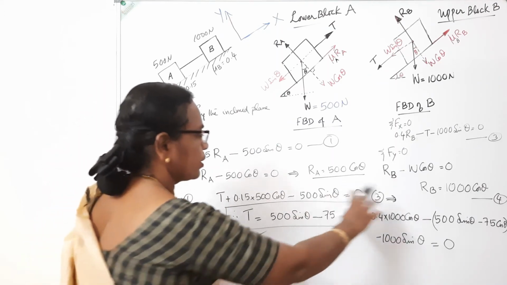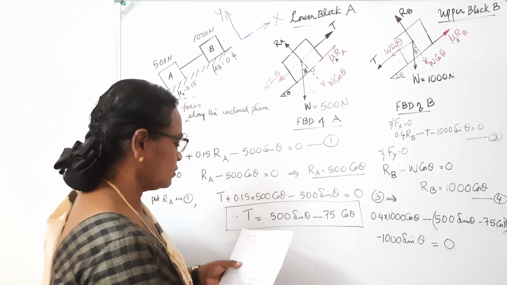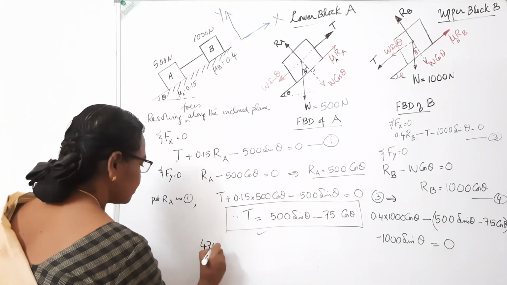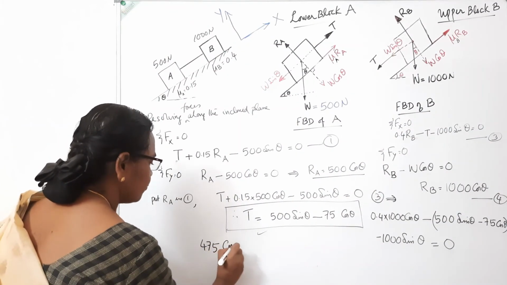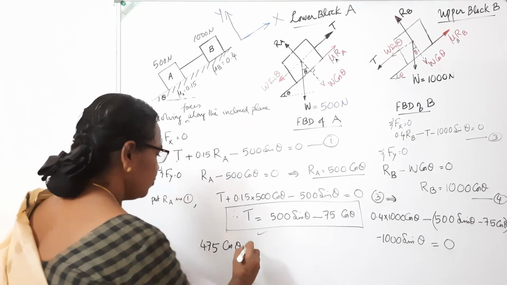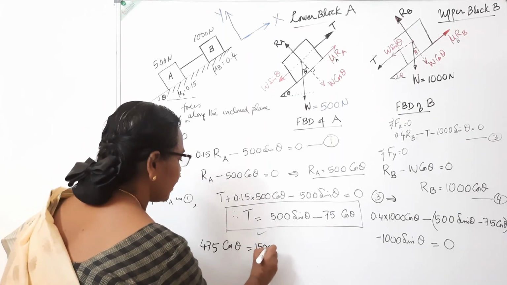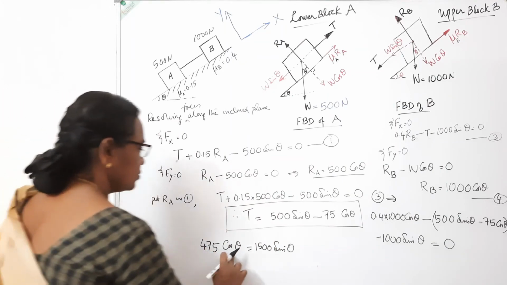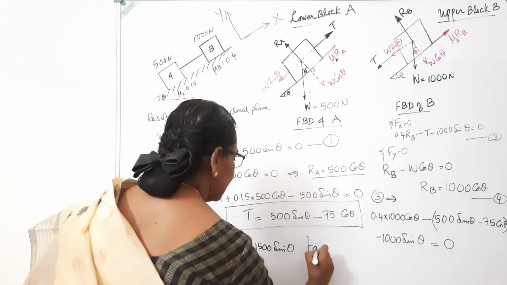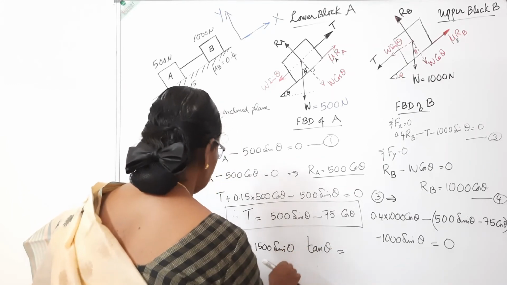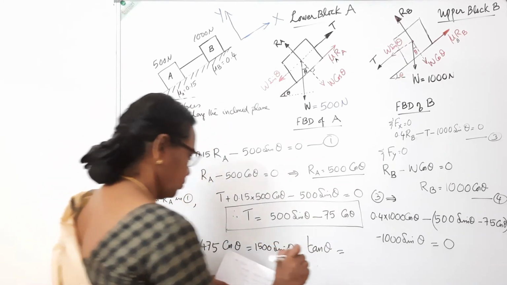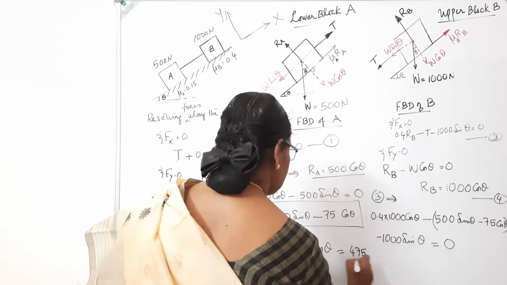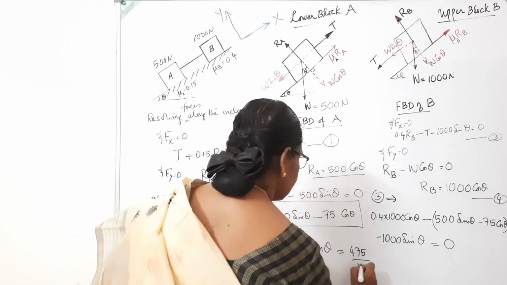From that we can rearrange all these terms and finally we will get 475 cos theta, clubbing the terms of cos theta and sin theta together, is equal to 1500 sin theta. So we can write tan theta is equal to sin theta by cos theta, which is 475 divided by 1500.